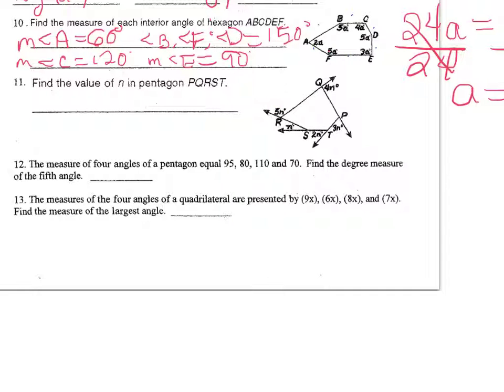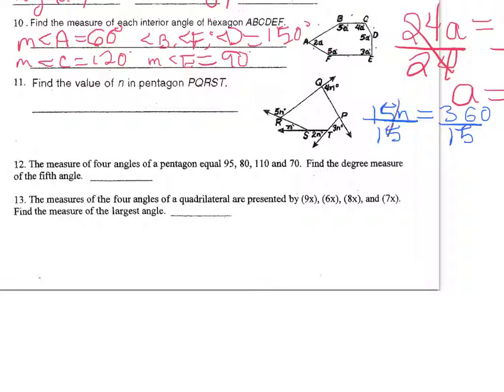So now let's put 15n equals 360, because the exterior angles of any polygon add up to 360, right?